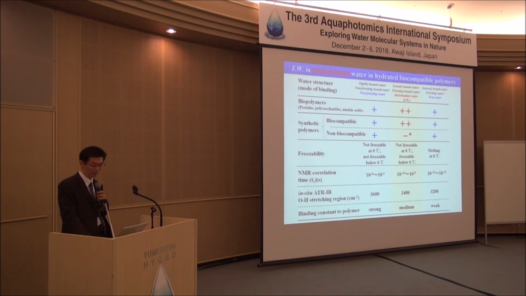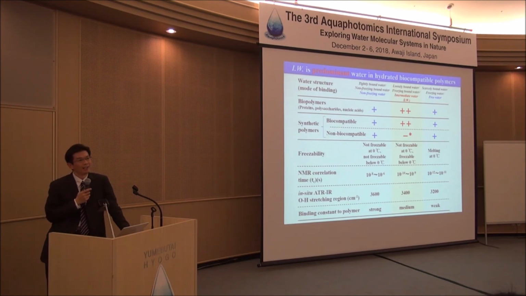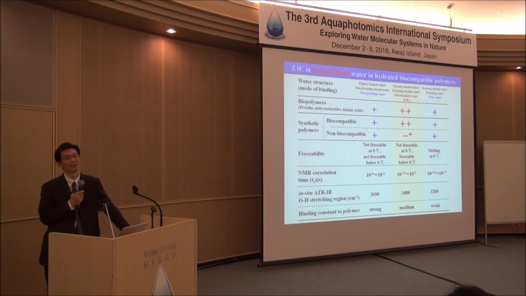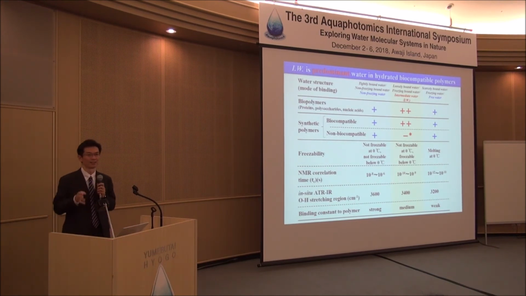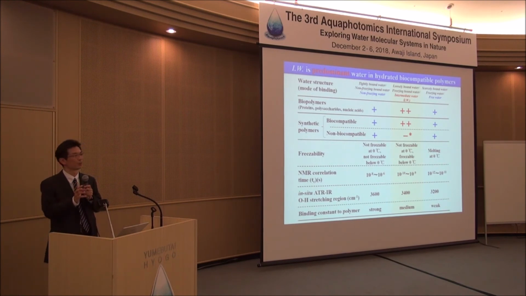Actually, it is difficult to find a relationship between just chemical structure and intermediate water content. This is the answer. The much more important factor is not chemical structure. Chemical structure is one of the factors, but not a predominant or necessary factor.